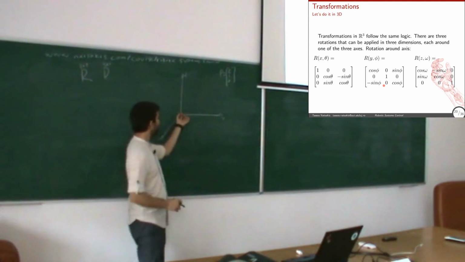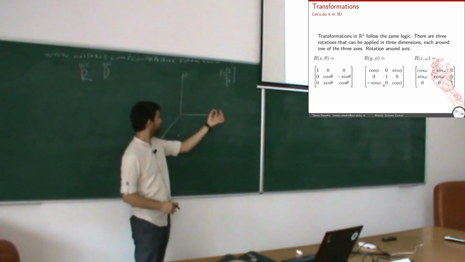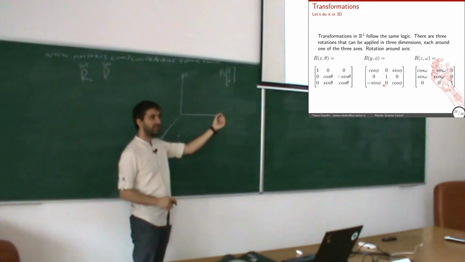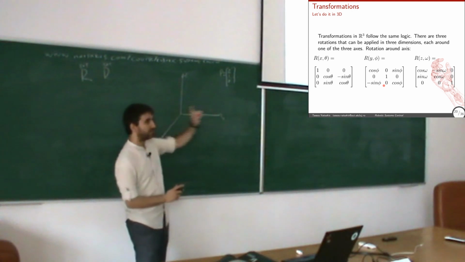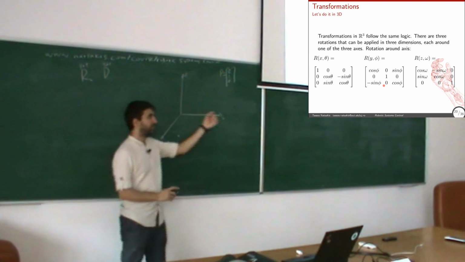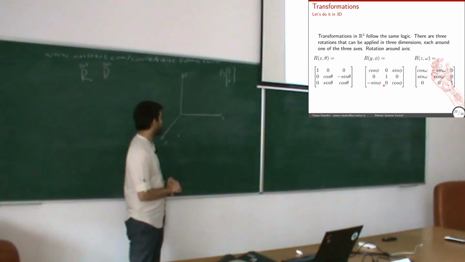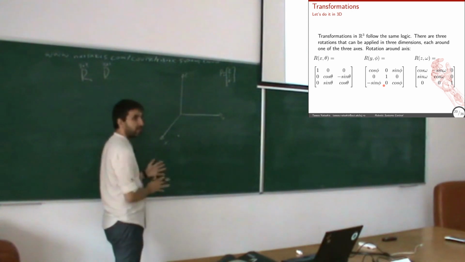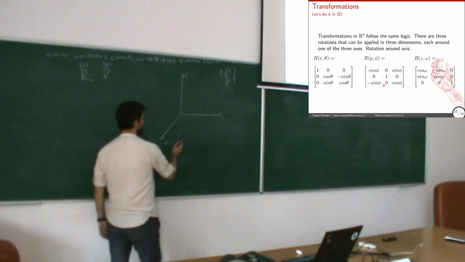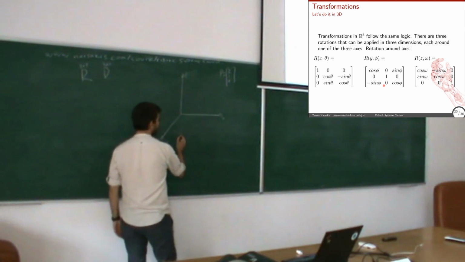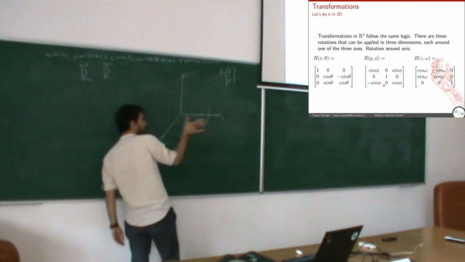So we have x pointing outwards and this point floating here basically. We're going to rotate around z, like this. Let's say we rotate by 90 degrees, it's usually easier. So we expect that this will rotate 90 degrees around z, and it's going to come somewhere here in the back.